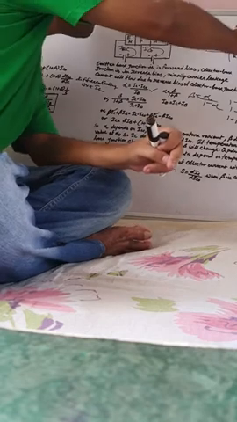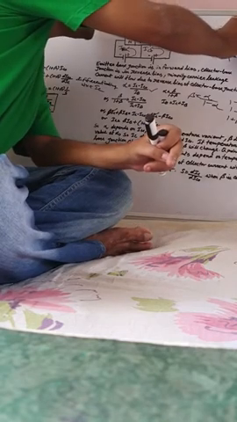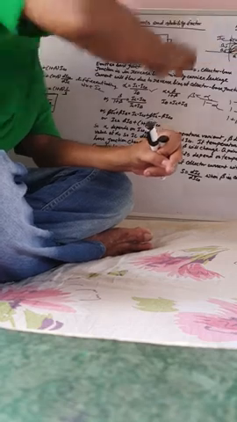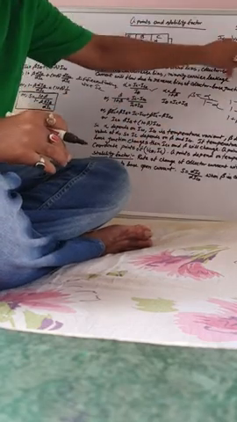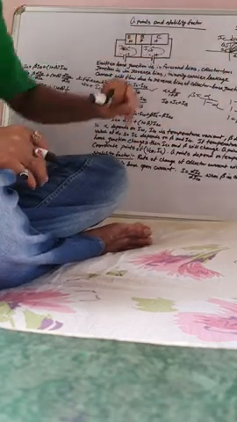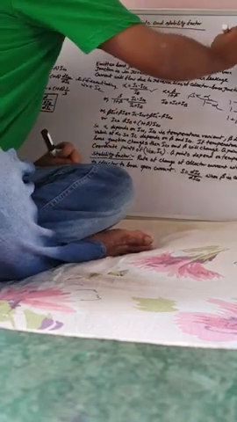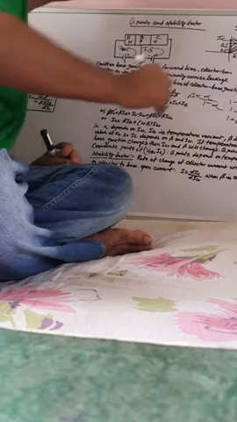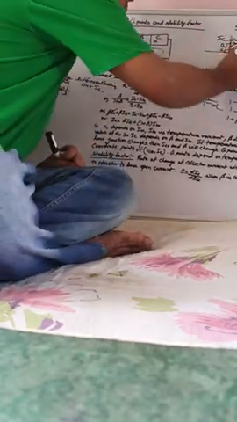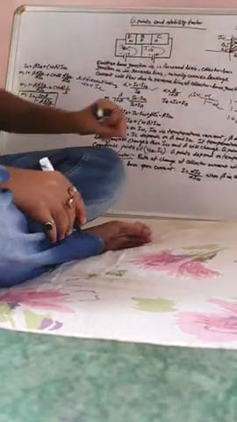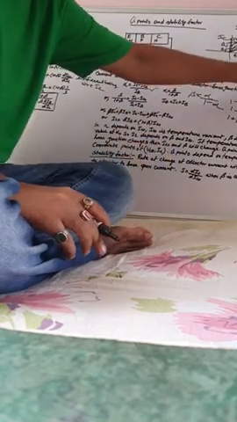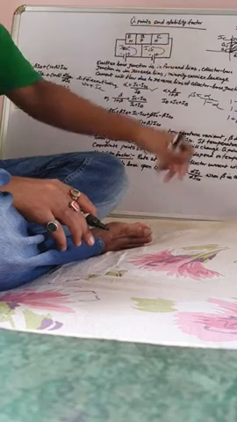The Q point may move to the saturation region or the Q point may move to the cutoff region. This is your active region, this is your cutoff region, this is your saturation region. That depends on how IC is changing, that's why the Q point location is changing.